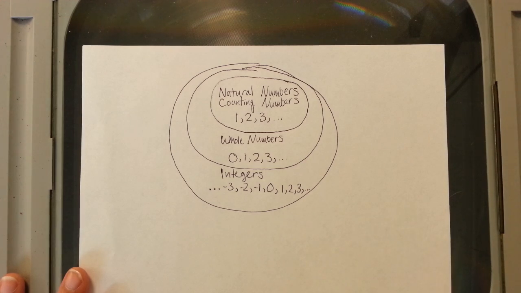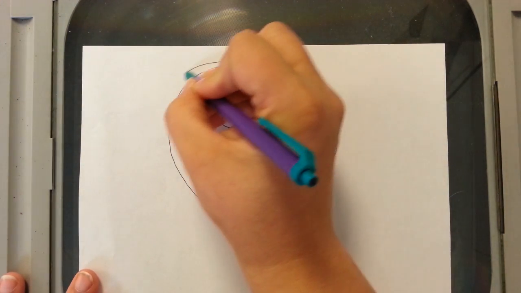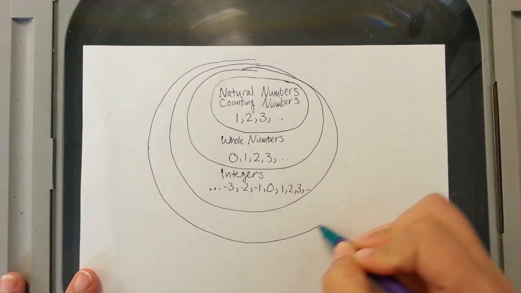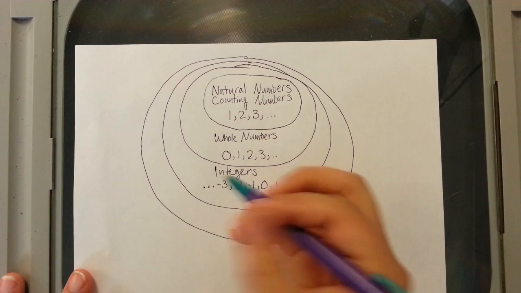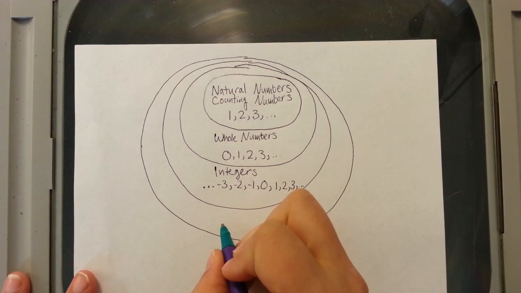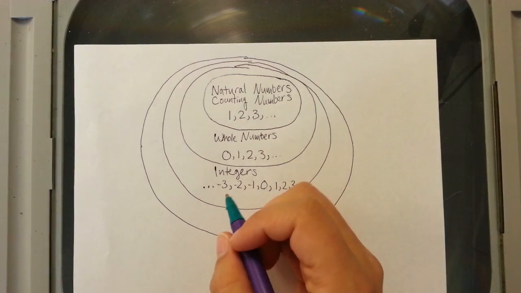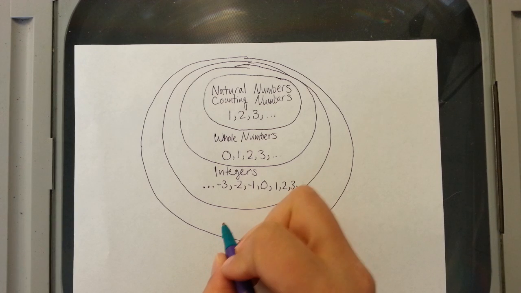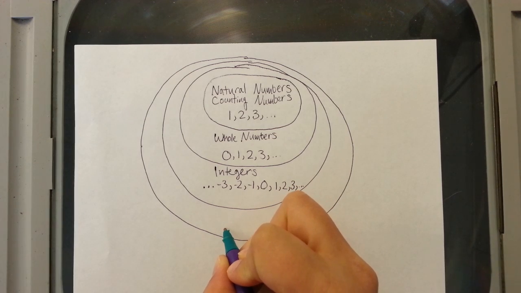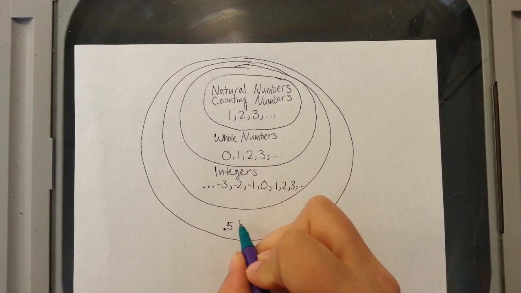Okay, another one that we'll add into here. Put another circle piece for it. These are the rational numbers. Now, rational numbers are anything that could be a fraction. So like, let's say 0.5 will be in here, because 0.5 is the same thing as 1/2.